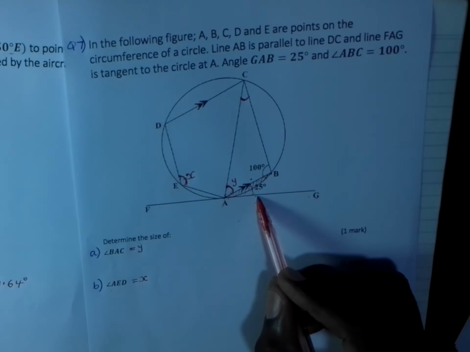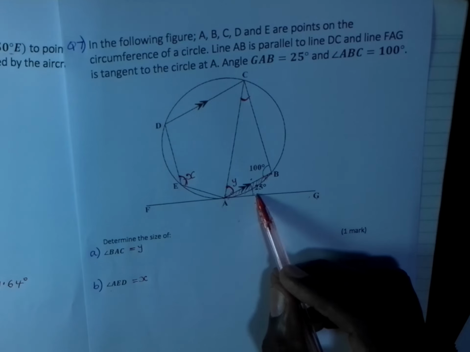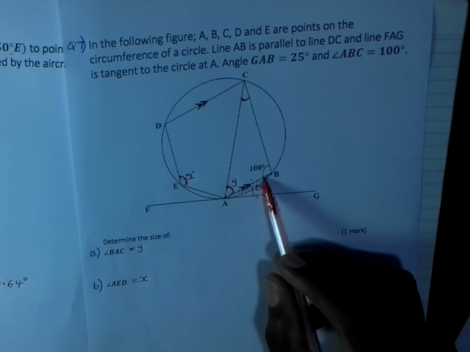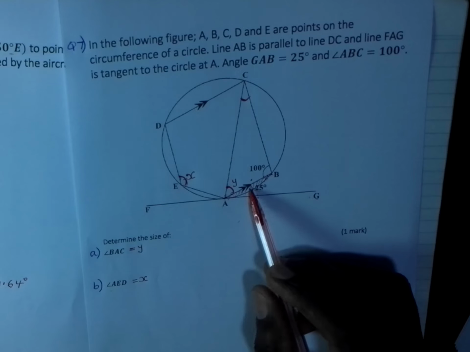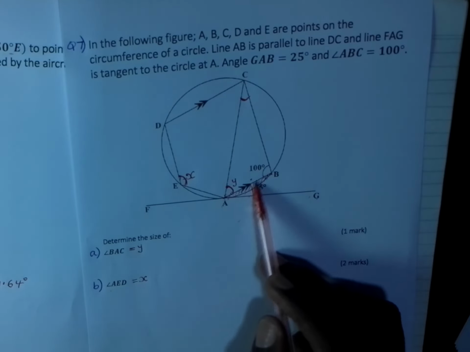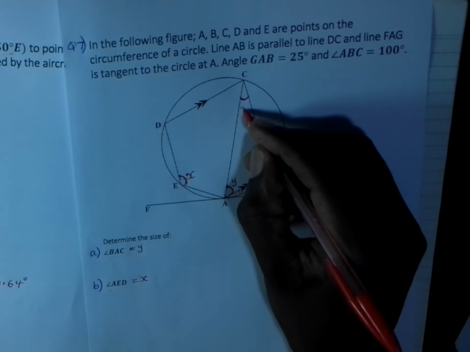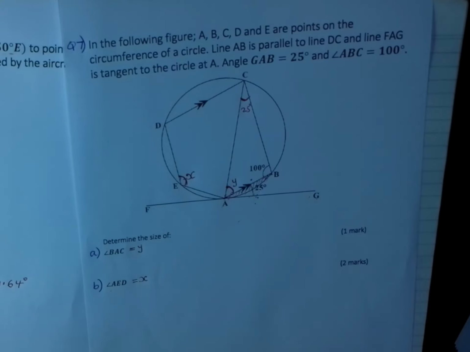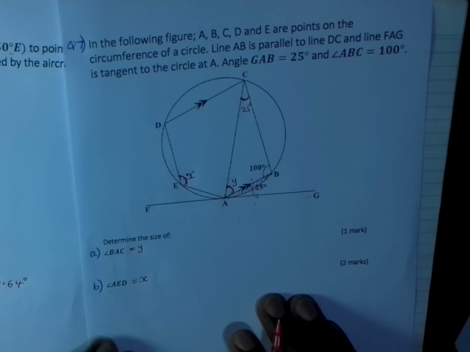It is equal. So the angle subtended by a chord and a tangent in the alternate segment is equal. So this will be 25 degrees.